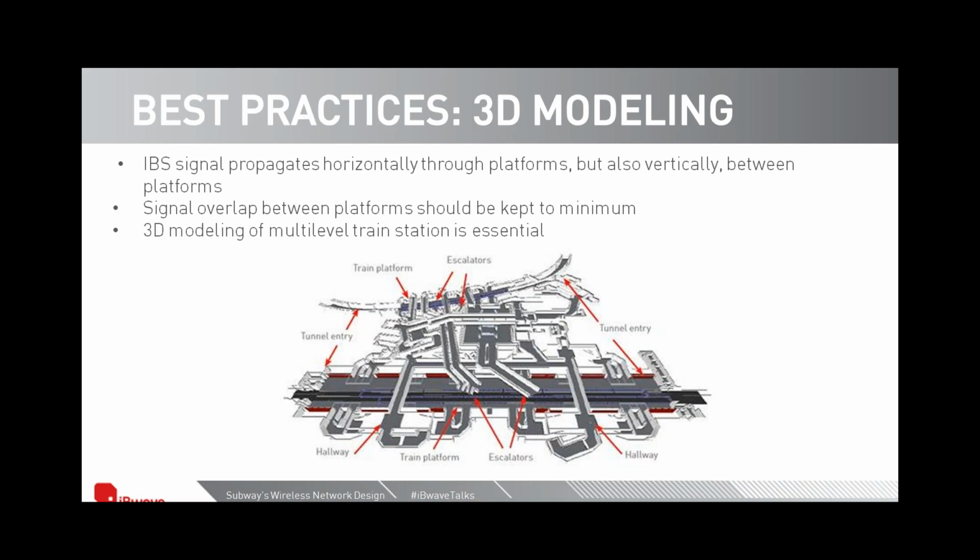And then in between those platforms, we have escalators and hallways, basically interconnecting the platforms and the train station exit. So modeling this in 3D is essential to get a good picture as to what your signal is going to look like, signal overlap, signal to interference and noise ratio, etc.